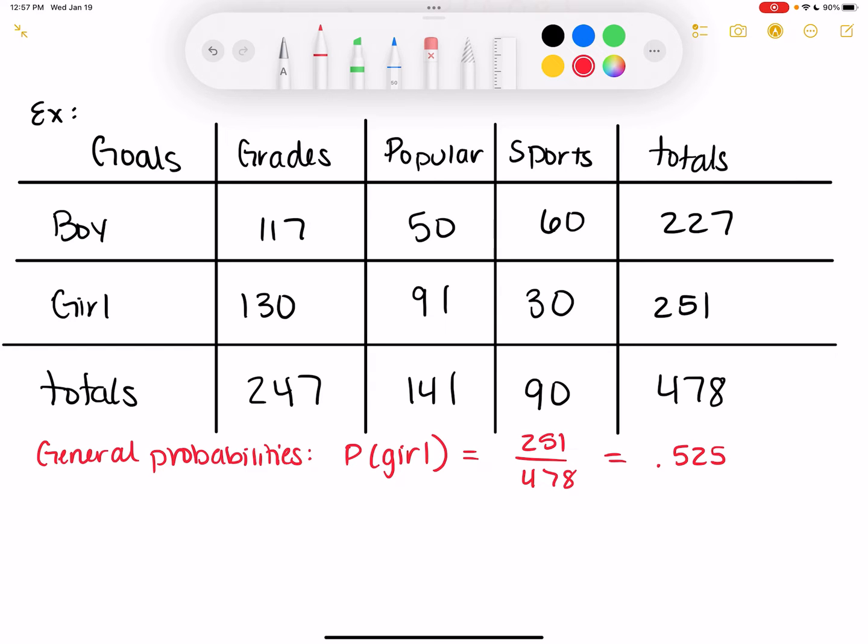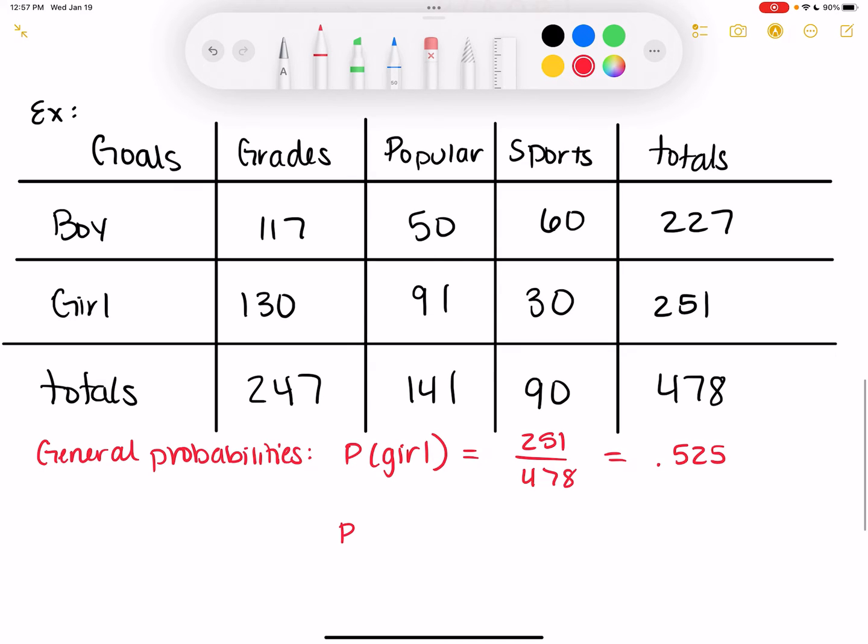Then it's possible it may ask you something like the probability of sports, which would be the total in sports, so the 90, divided by the total altogether, 478, which is going to be 0.188.